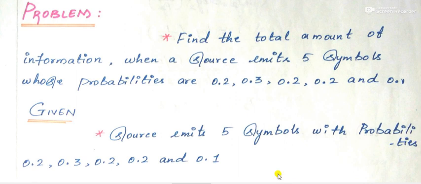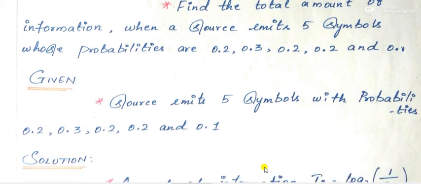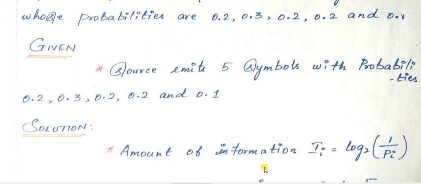First, let us go for the given data. The source emits 5 symbols with the probabilities 0.2, 0.3, 0.2, 0.2 and 0.1. Okay, let us go for the solution.